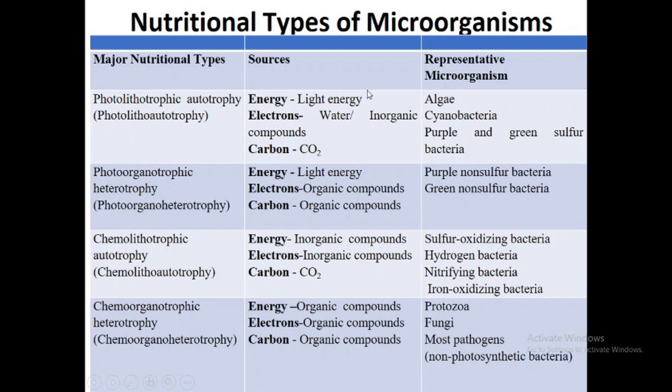Now, chemolithotrophic autotrophs, going by the name, have inorganic compounds or chemicals as the energy source and the source of electrons. Since they are autotrophs, they use carbon dioxide as a source of carbon. Common examples: sulfur oxidizing bacteria, hydrogen bacteria, nitrifying bacteria, iron oxidizing bacteria.